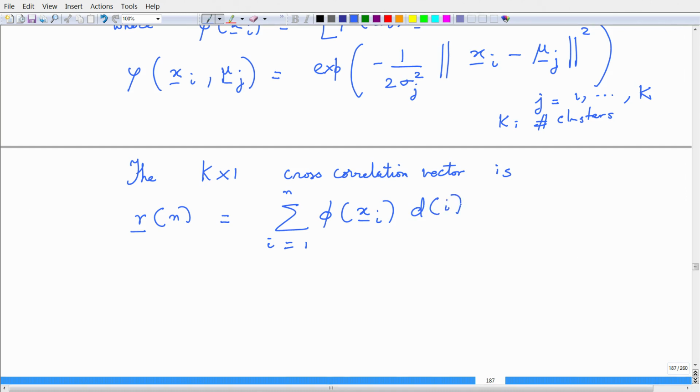You can call it d subscript i, or you can call it d of i, it does not matter. So, just to indicate carefully that this is the desired response at the output of the radial basis function network, and phi of xi is the hidden response.